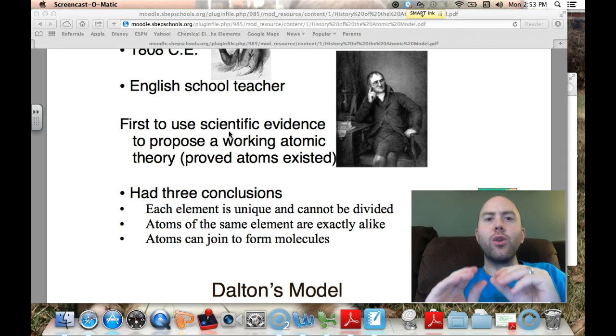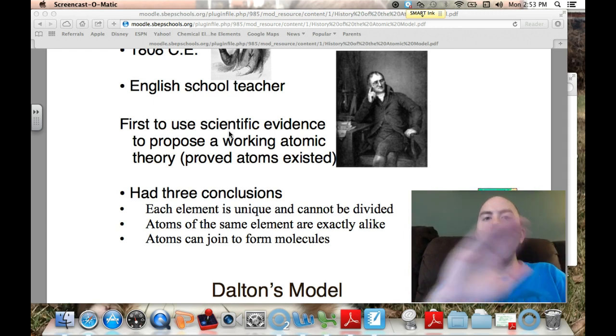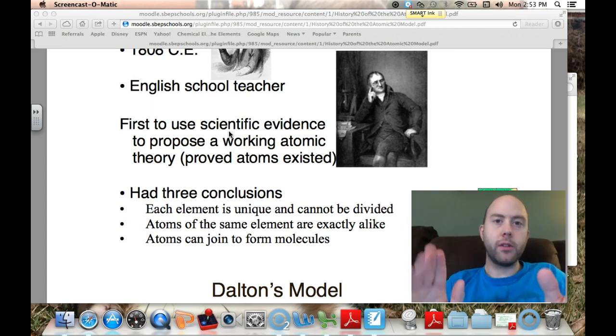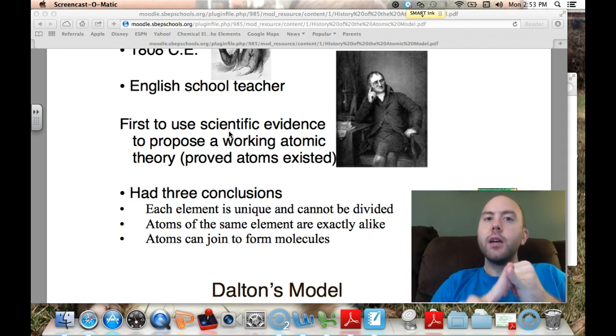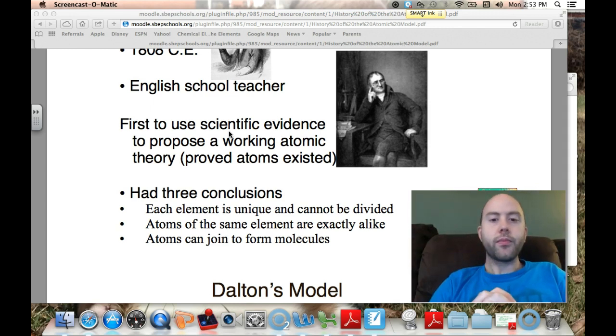So all the atoms of the same element are identical. All the hydrogens look like all the hydrogens. All the heliums look like all the heliums. But helium and hydrogen look different. So each element is unique, but an individual element looks like all of its own individual elements.